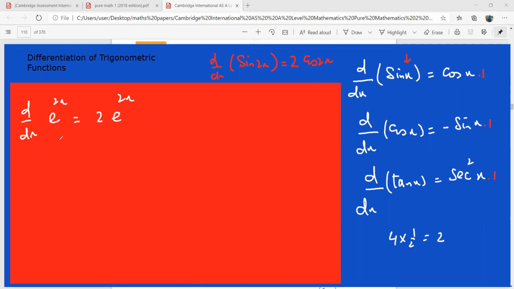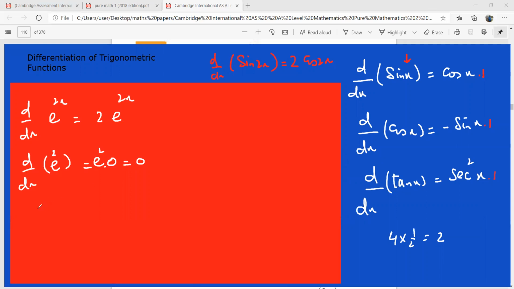Similarly, if instead you have to differentiate simply e square or e cube, this derivative has to be equal to 0, because when you multiply this, for example, there is 2 over here.